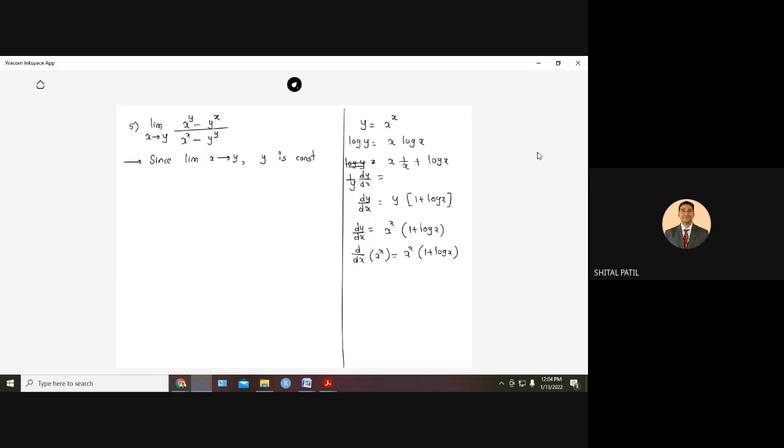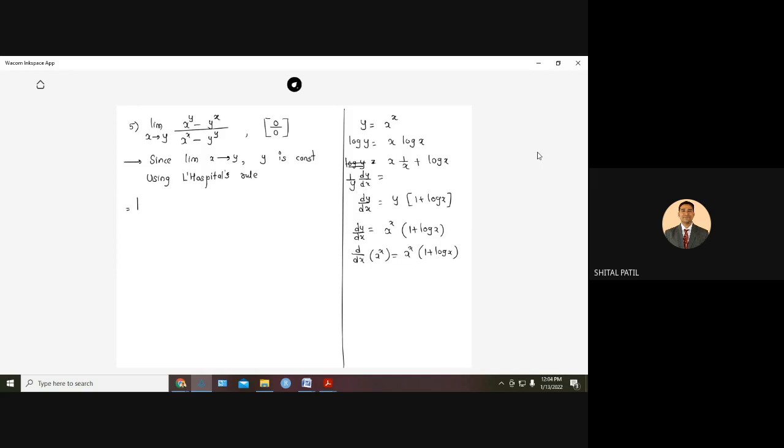Limit x tends to y, therefore. Now write down, it is in 0 by 0 form. You substitute x equal to y. You will get y raised to y minus y raised to y divided by y raised to y minus y raised to y.